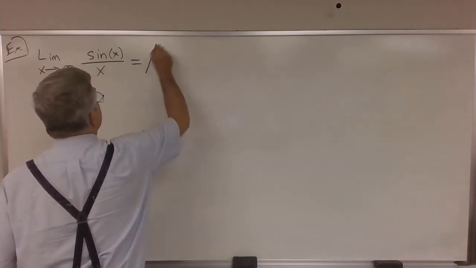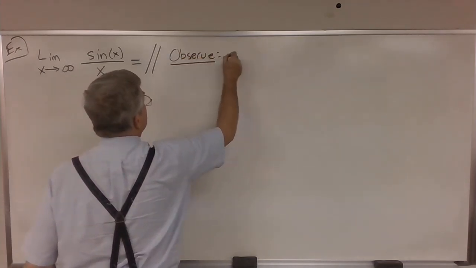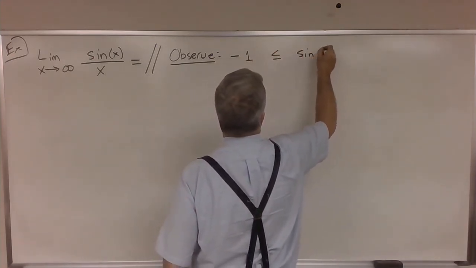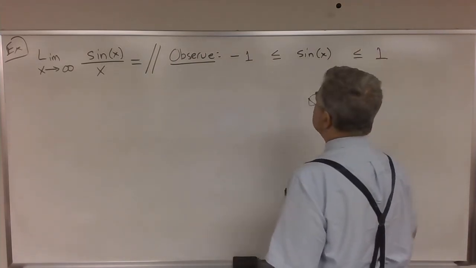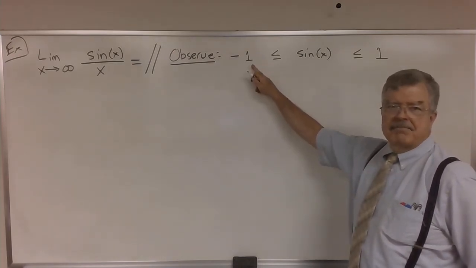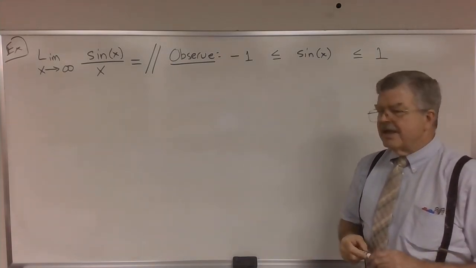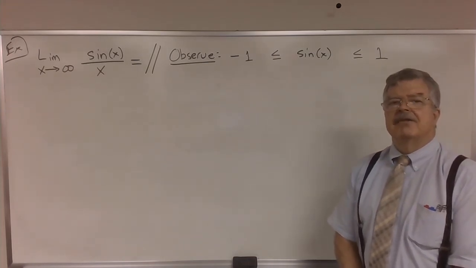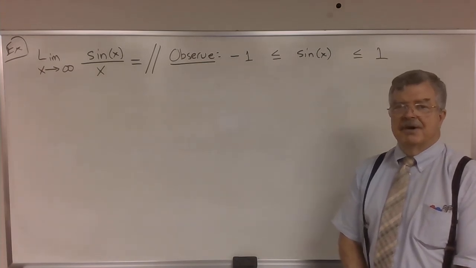We make this observation: the sine of x is never smaller than -1, and it's never larger than +1. That's something we probably remember from trigonometry. The sine of x is sandwiched between -1 and +1.